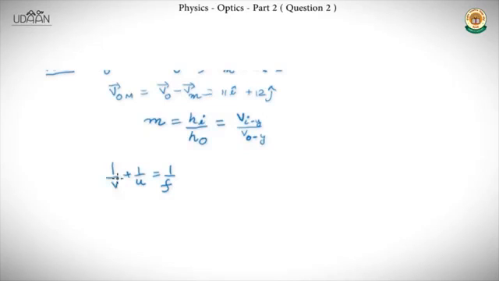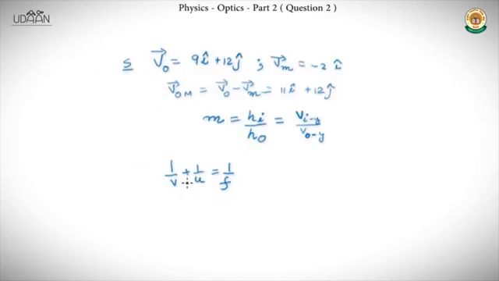So by differentiating both sides with respect to time, we will get velocities along the x-axis of both the image and the object. We will get the velocity of the image along the x-axis by plugging in the value of the velocity of the object along the x-axis. So let's differentiate it.